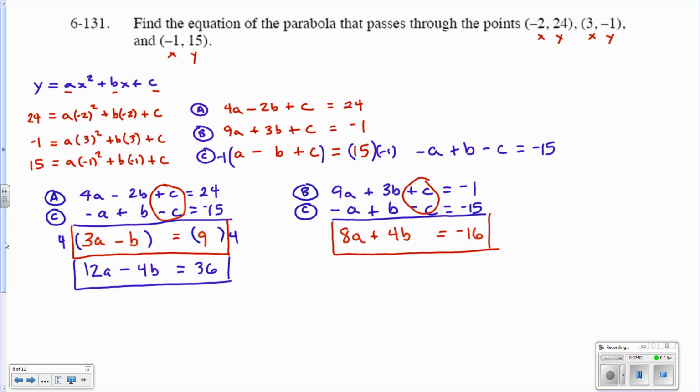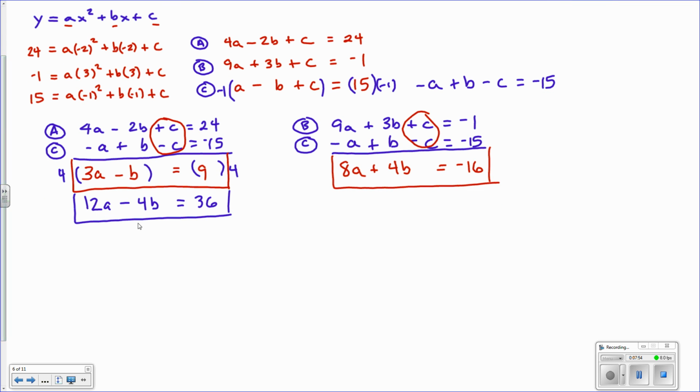So let's pair these two together and solve them here. So we have 12a minus our 4b equals 36. And we have an 8a plus 4b equals negative 16. When we add those together, we're going to end up with 20a.